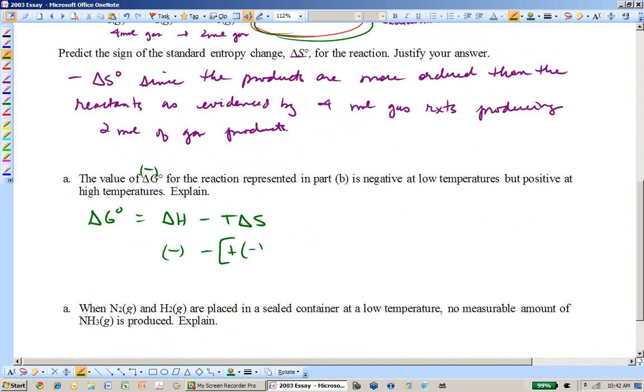We said this is negative. So I have a negative term minus another negative term. So what's going to happen? As temperature increases, that T delta S term, which is negative but subtracted, so it's going to be a positive overall entity.